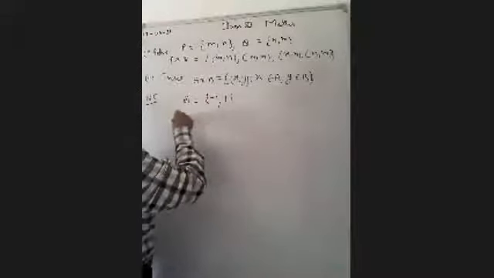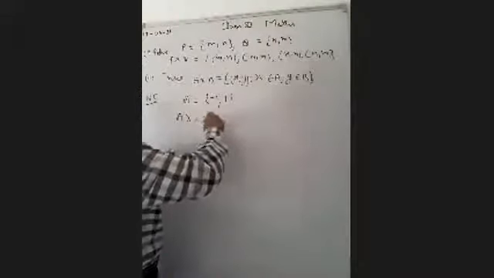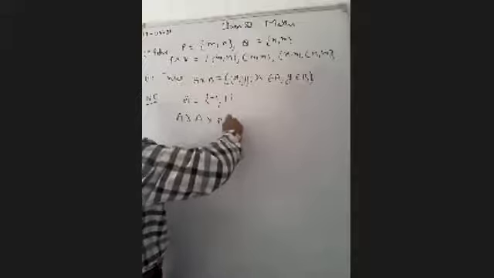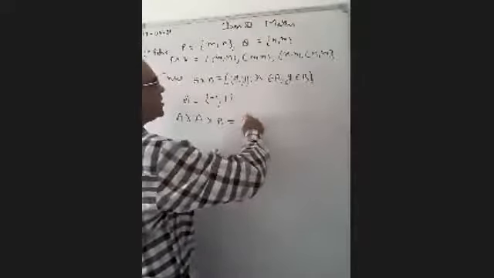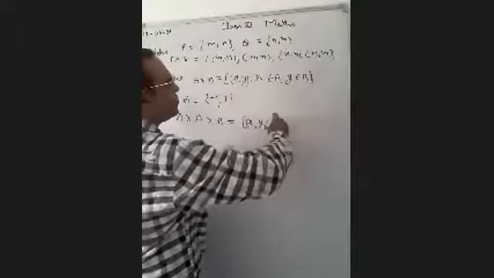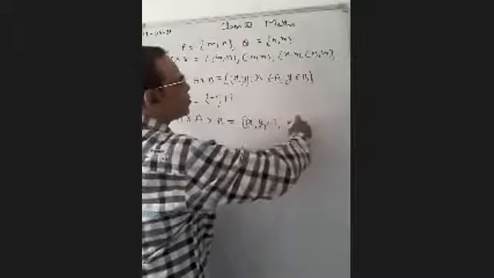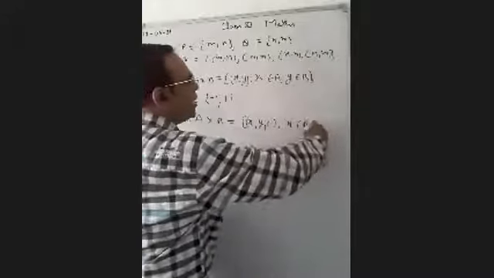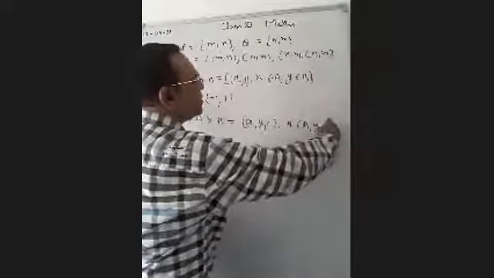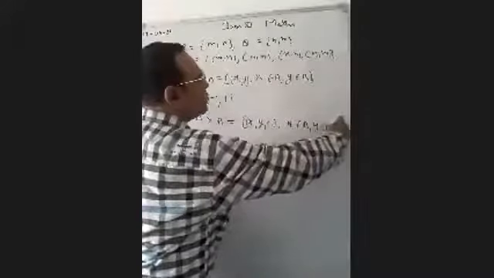But we have to find out the value of A cross A cross A. ठीक है, इसका मतलब we have to make the triplets having (x, y, z) form such that x belongs to A, y belongs to A and z belongs to A.